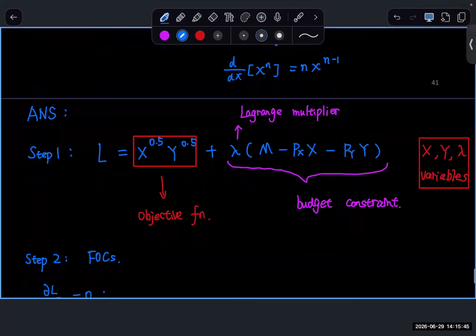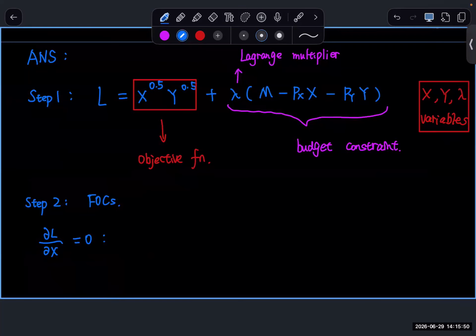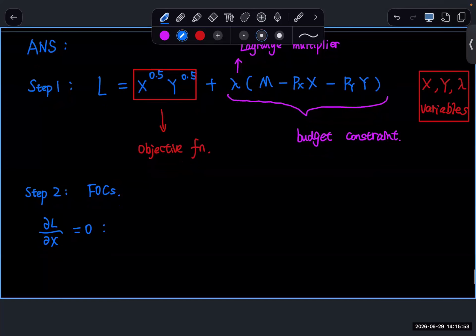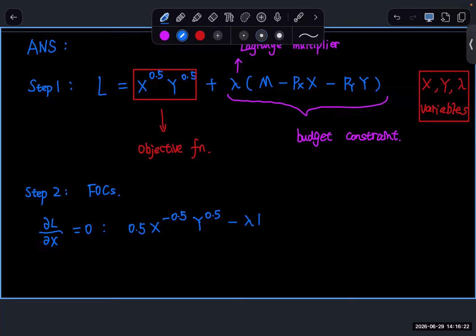Okay, so now please apply this to x. Let's work together. 0.5 x to the power of what? 0.5 minus 1. So that's going to be negative 0.5, right? And then we treat y as constant. So y is the same. Minus, so see here, it's negative px, right? And then we have lambda here. So it's going to be negative lambda px.